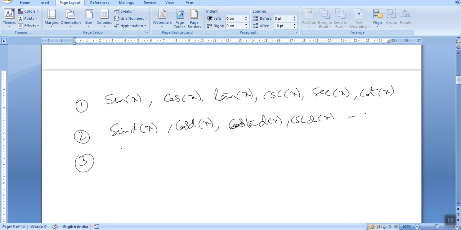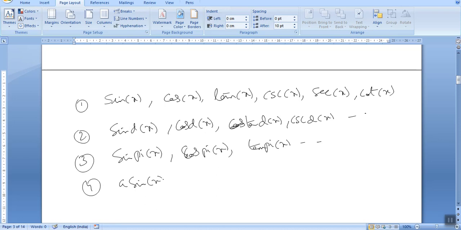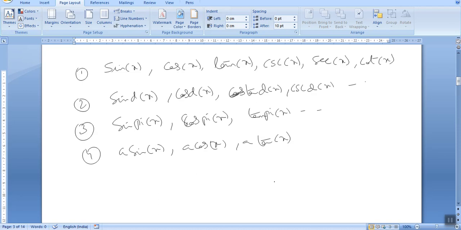In the similar way, sinpi of x, cospi of x, tanpi of x, etc. In the similar way, arc sine of x, asin x, acos x, atan x, etc. for inverse trigonometric functions.